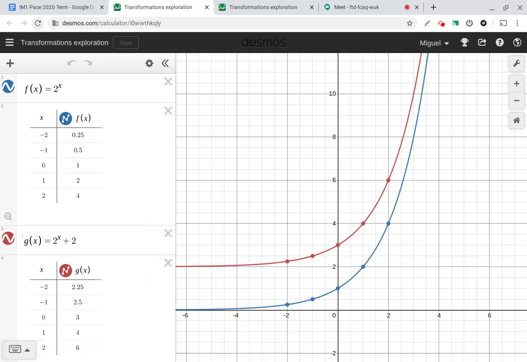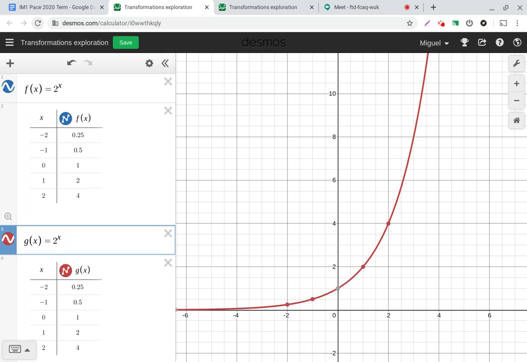All right. What am I going to put for G? So it needs to copy F, the first one. But we want to divide the 2x power by 3. Okay, so tell me what to type.